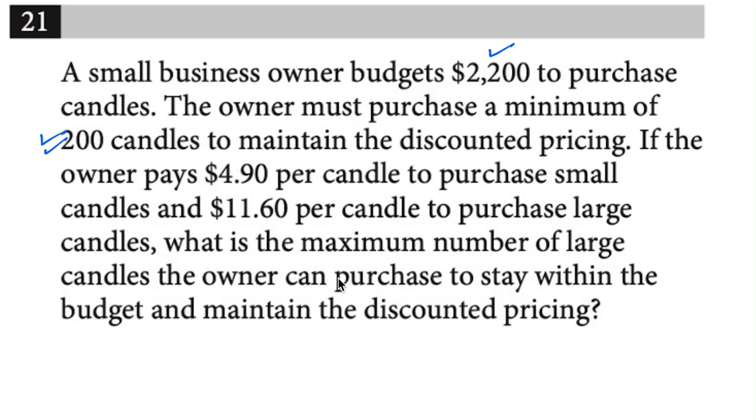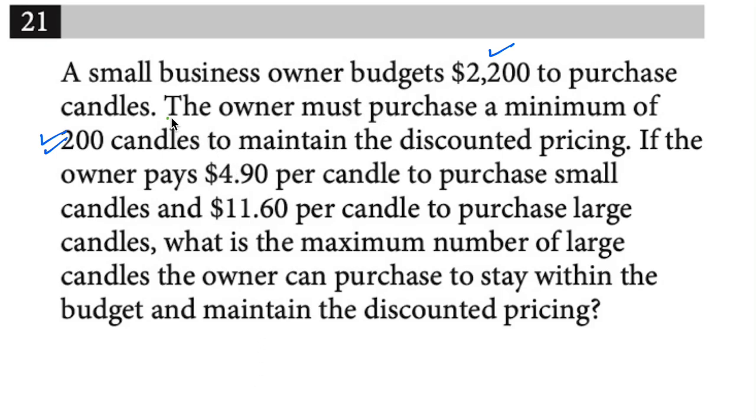So, what is the maximum number of large candles the owner can purchase to stay within the budget and maintain the discounting prices? That means this is a question of inequalities. So, our first work is to form the inequality.